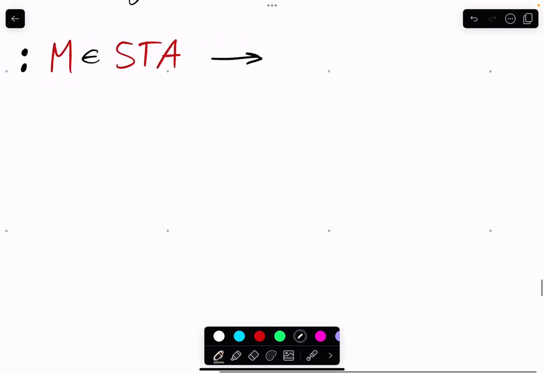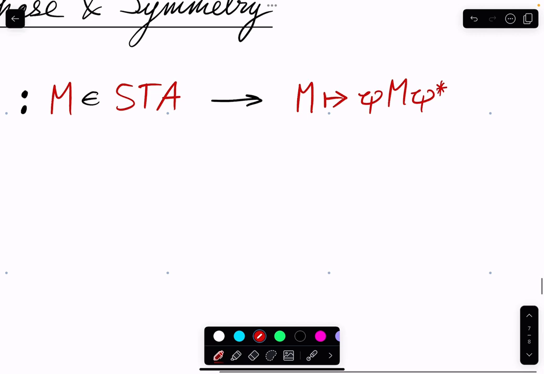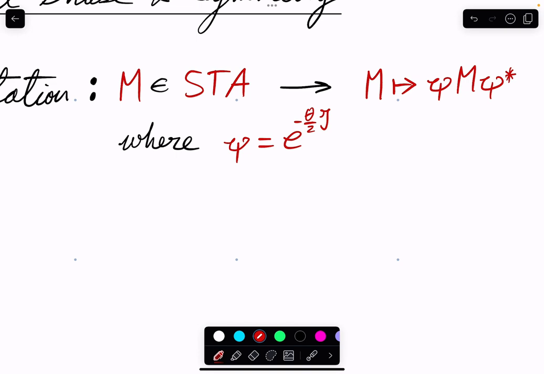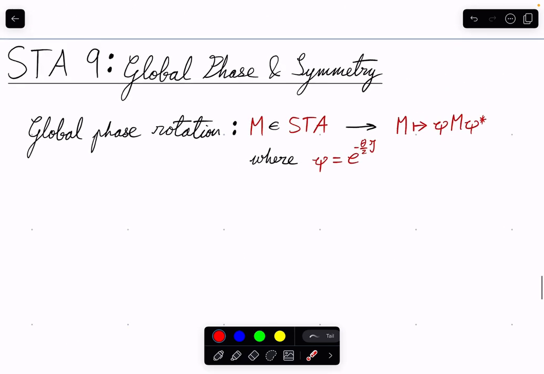Then the phase rotation is mapping from M to C M C-tilde, the complex conjugate of M, where this C here is just an even field, e to the negative theta over 2 times the pseudoscalar. So this is just an intrinsic phase, so it's just taking the phase and rotating by it.